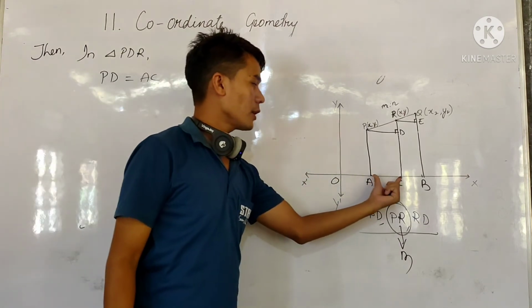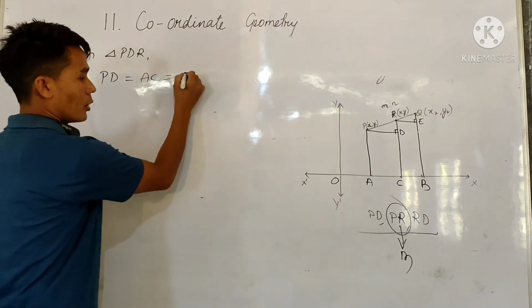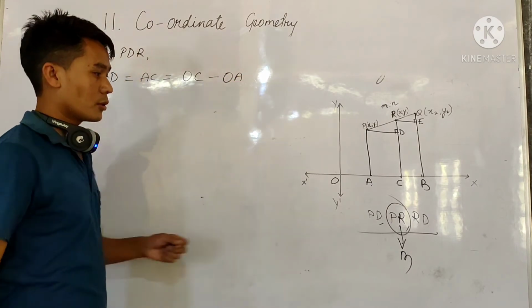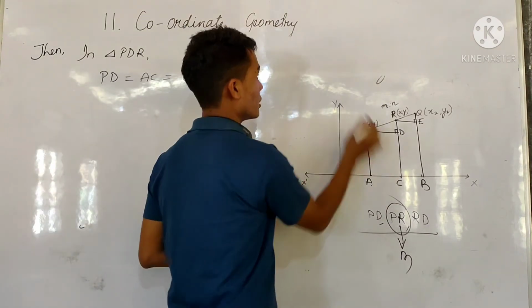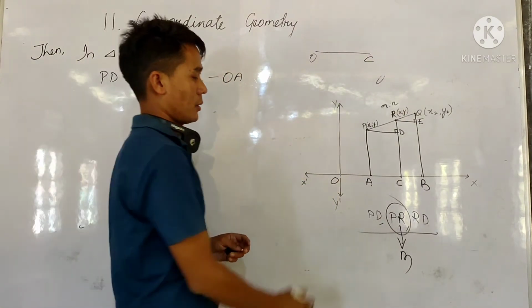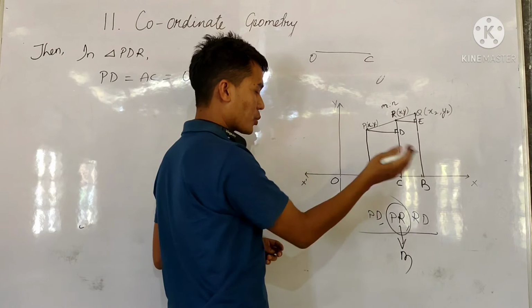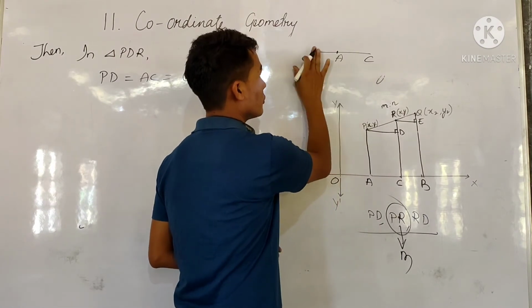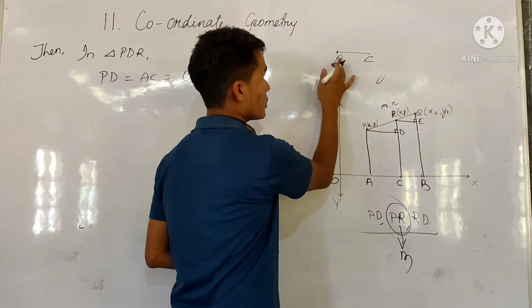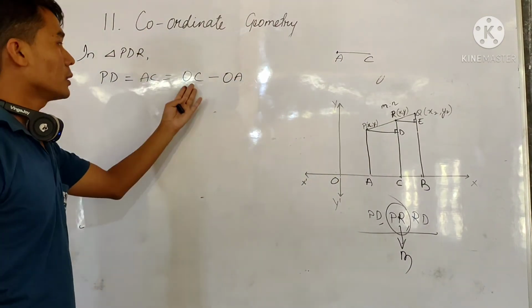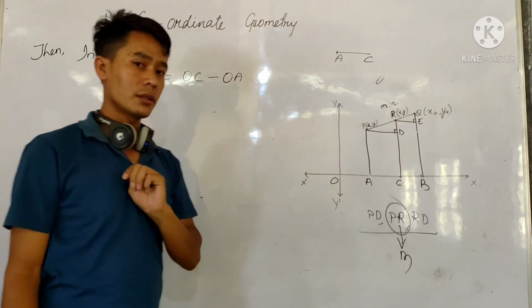In place of AC we can write OC minus OA. If we subtract, remove OA, we still get AC. So in place of AC, we are writing OC minus OA.